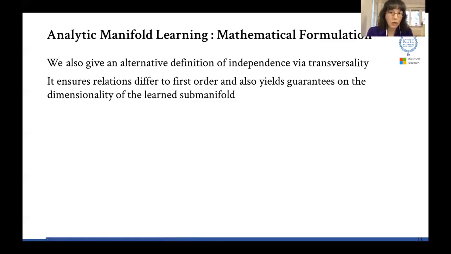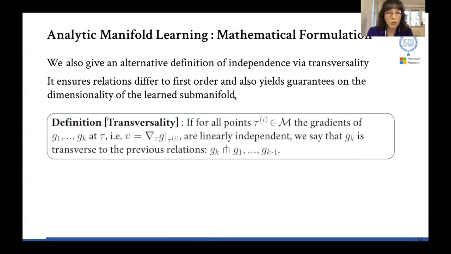Another thing that you can do with this framework is an alternative definition with transversality. Let me first state what this proposes to do. We ensure that relations differ to first order, meaning that their gradients are orthogonal, or we push them to be as orthogonal as possible.